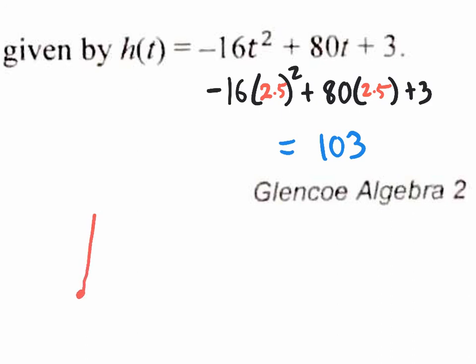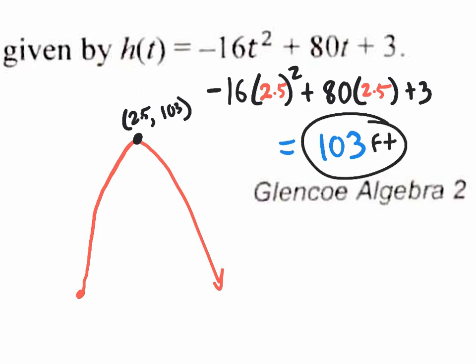After 1 second, 2 seconds, 2.5, it reaches max height, then it comes back down. So this location, this max value, is at 2.5 seconds, and it's 103 feet high. Okay. So the answer to this, what's the max height? You would say the max height is 103 feet. At what time? At 2.5 seconds.